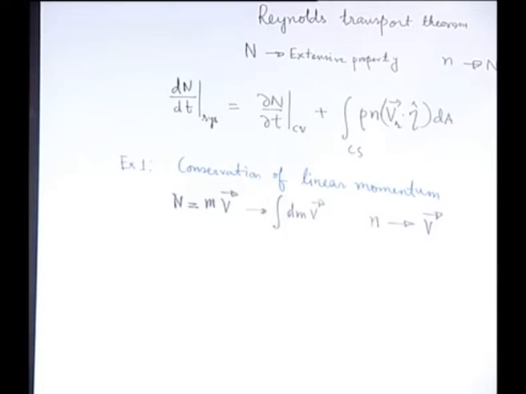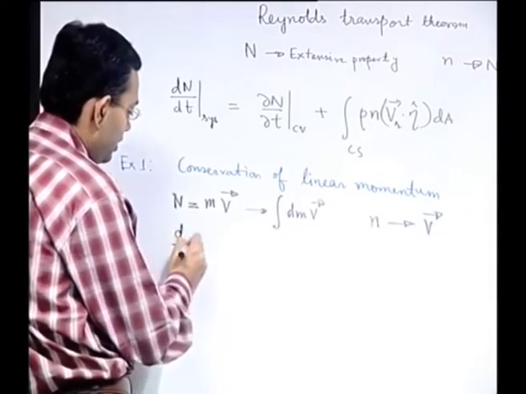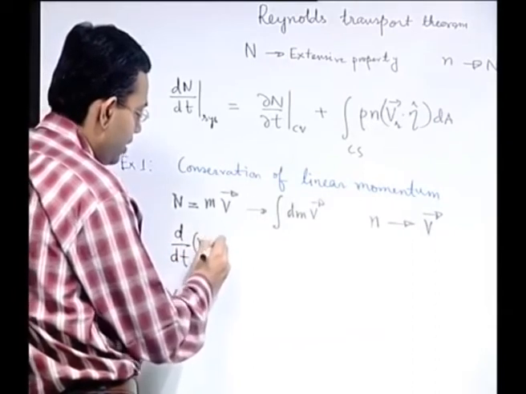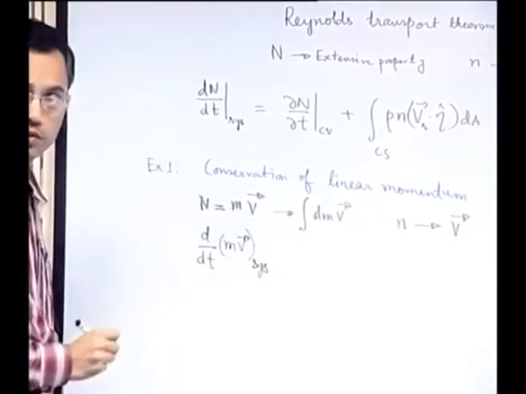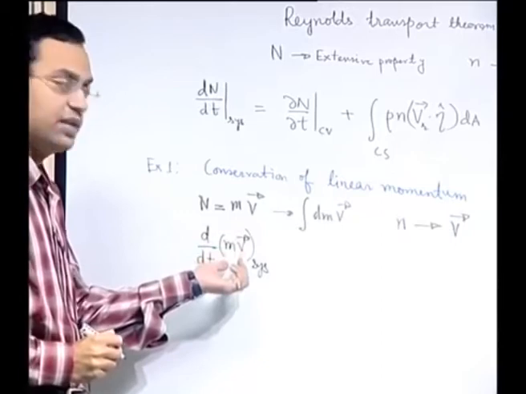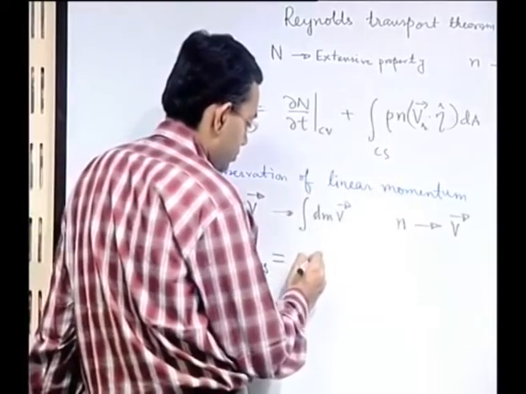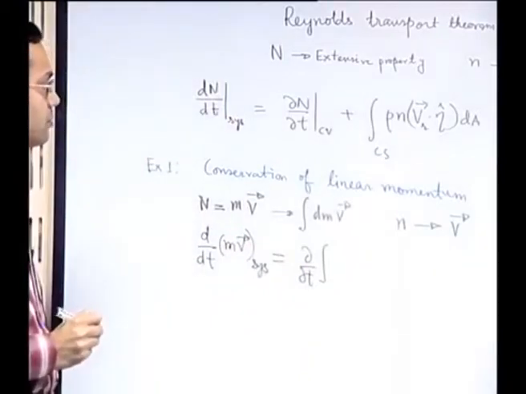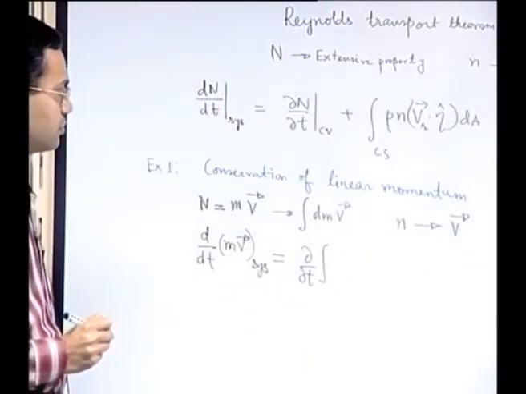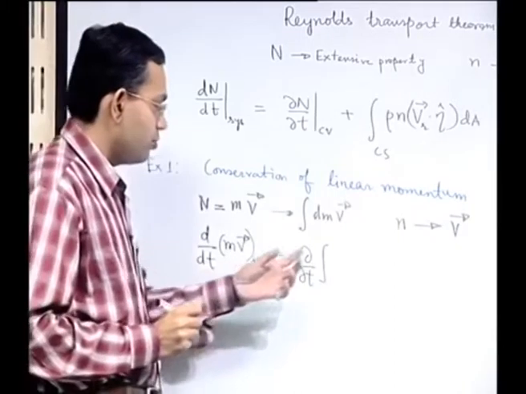Now let us apply the Reynolds transport theorem for this particular case. So we write d/dt of mV of the system, or basically integral of dm V, but just for simplicity we write it d/dt of mV is equal to, so what will be here?